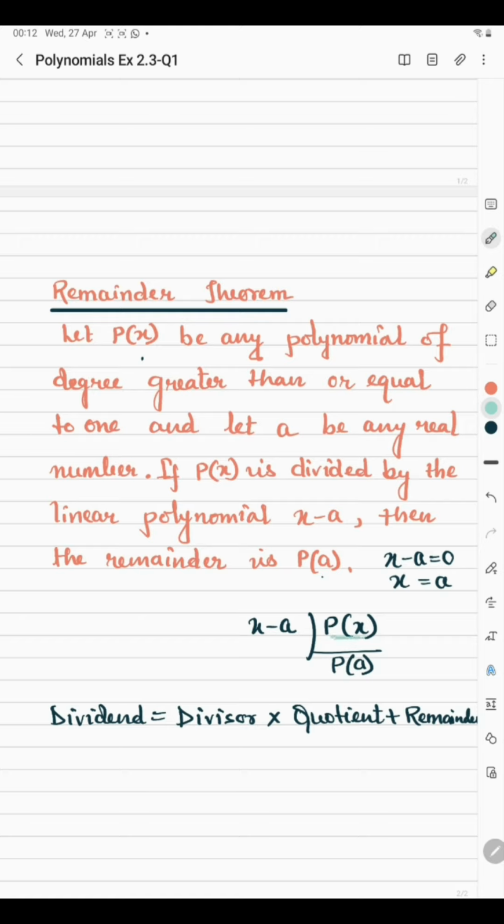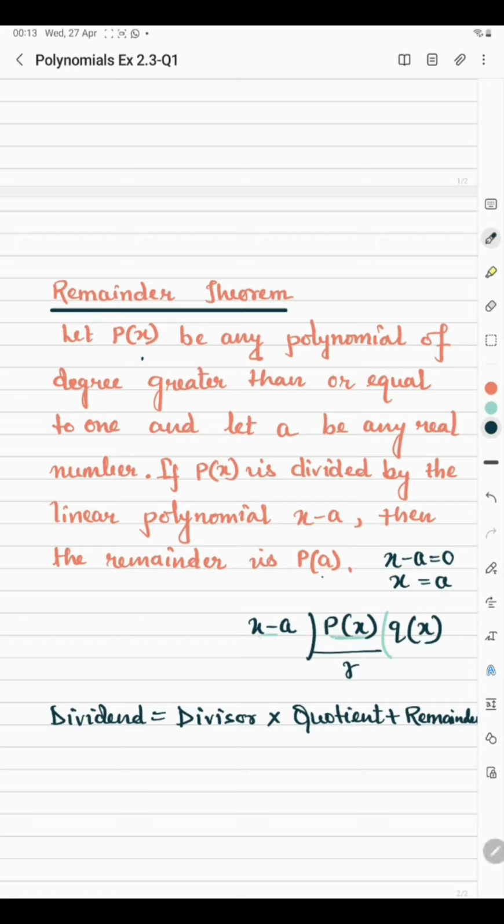So this is the dividend, okay, this is the divisor, and if you divide this polynomial by x minus a, then we'll be getting the quotient, which is q(x), and after some steps we'll be getting the remainder. So here is our remainder, okay.